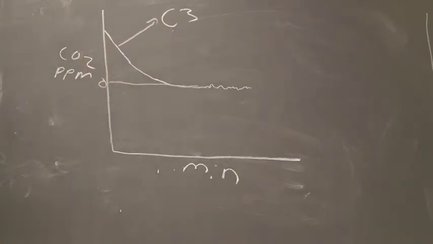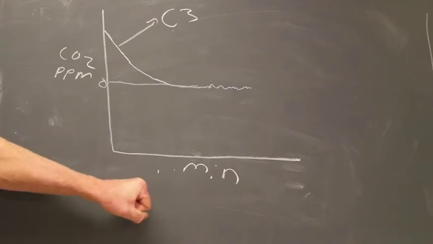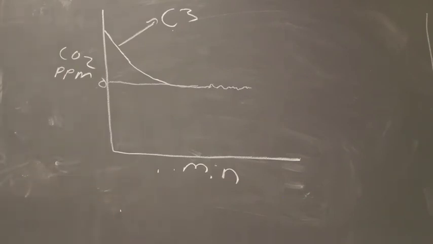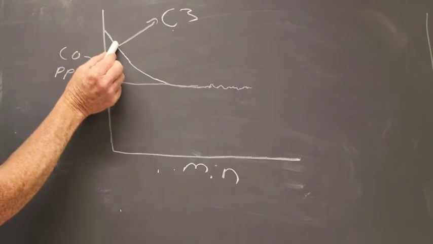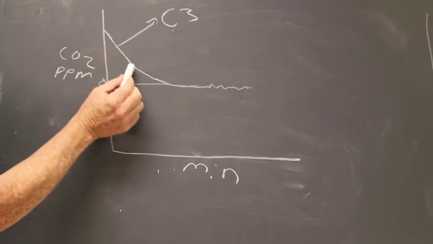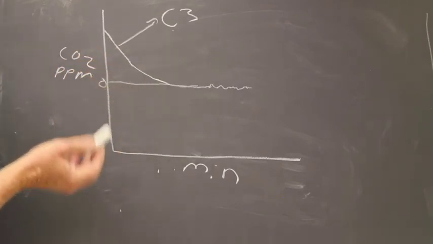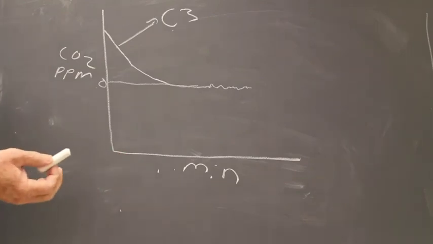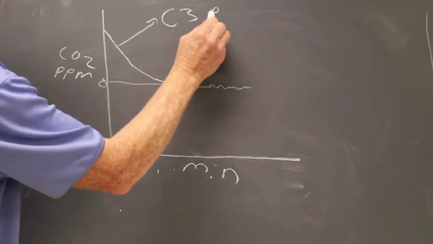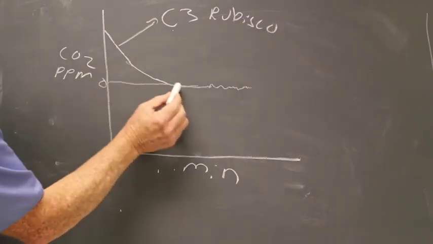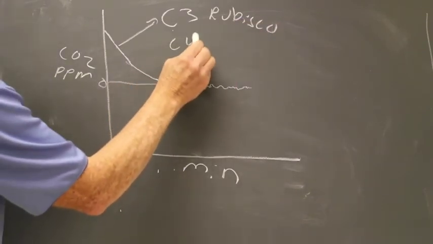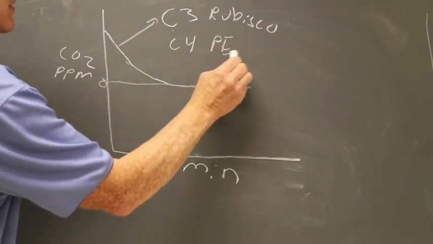I want you to think about a C4 plant. What would happen to a C4 plant? For a C4 plant, we would start with photosynthesis here. Photosynthesis would go down, but instead of decreasing at the same rate, in a C4 plant we're looking at PEP carboxylase. In a C3 plant, we're looking at rubisco. Rubisco has a problem with photorespiration. In a C4 plant, we're looking at PEP carboxylase.